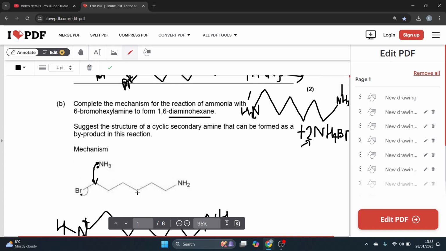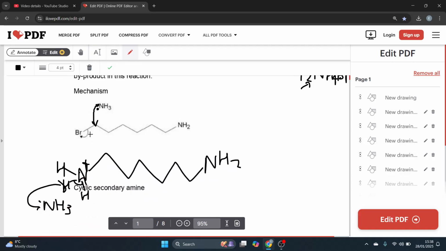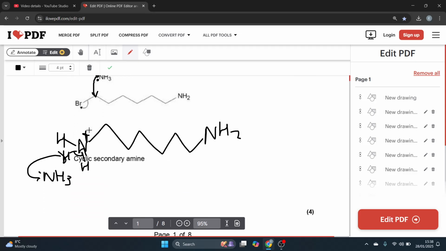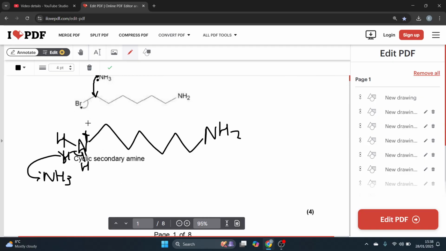So this first mark, it's just the idea of, you need to be able to practice these kinds of mechanisms with skeletal formulas as well, because they can always give you this kind of thing, and if you don't know where the curly arrow is going, you're not going to be able to get the marks. And that's that. The cyclic secondary amine suggests the structure as a byproduct.